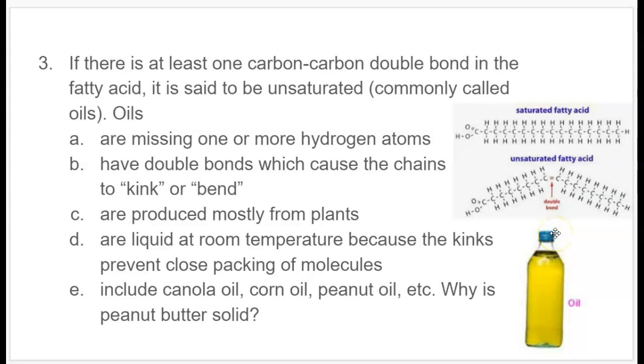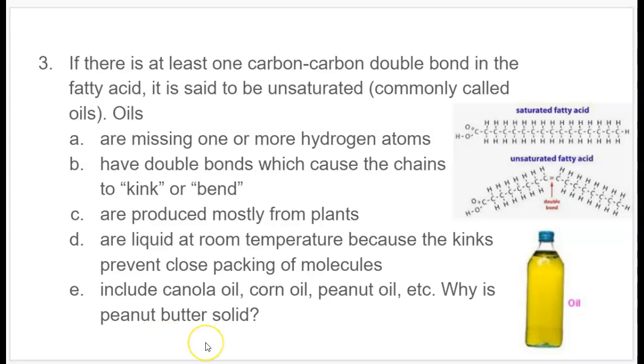So fats mostly are produced by animals. Oils are produced mostly from plant products, whereas fats are generally solid at room temperature. Oils are generally liquid at room temperature because those double bonds or those kinks prevent the close packing of those molecules. All right, so canola oil, corn oil, peanut oil, those are things like that.